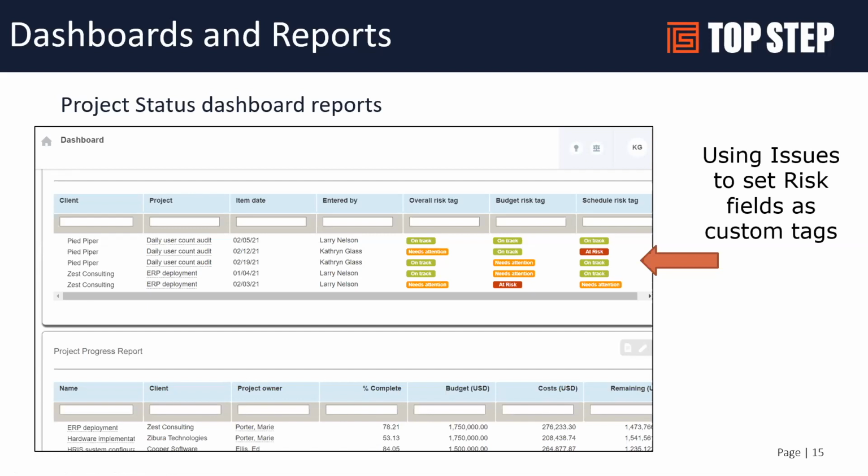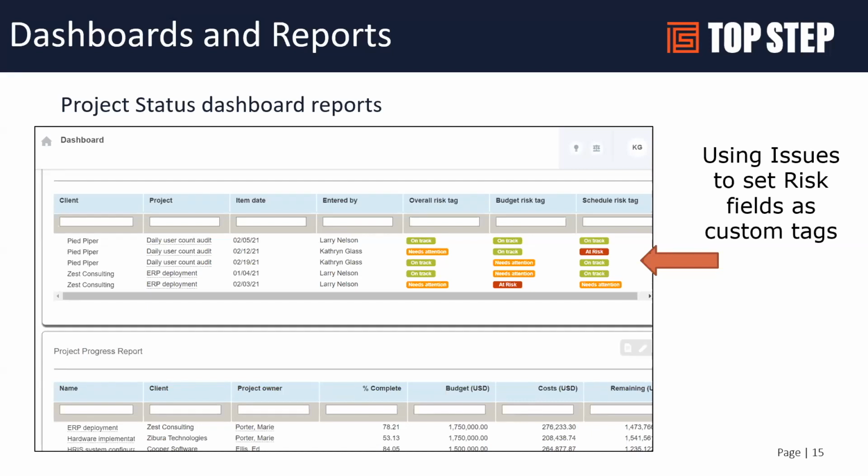Once you show those in both list views and reports, you can see those color codings inside. So they're really good for calling out attention, so I can see really quickly where I'm at risk or where I need attention. So that's a good thing.